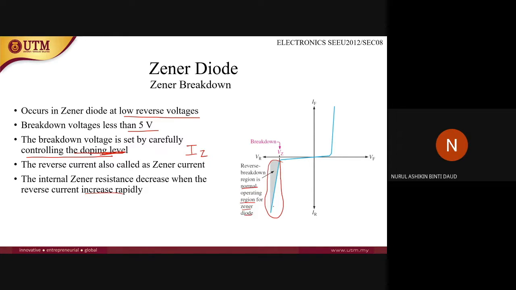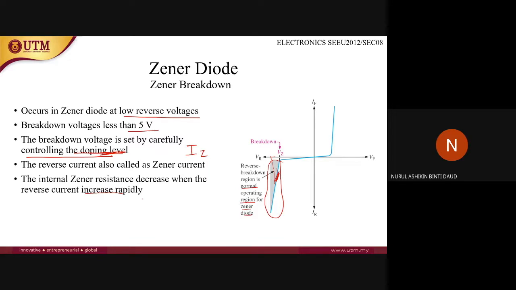In this region, you can see that small changes of reverse voltage will produce a large current. For example, at this voltage here, the current is at this point, but at this voltage, the current is at this point. The change of voltage is very small, but the change of current is very big.